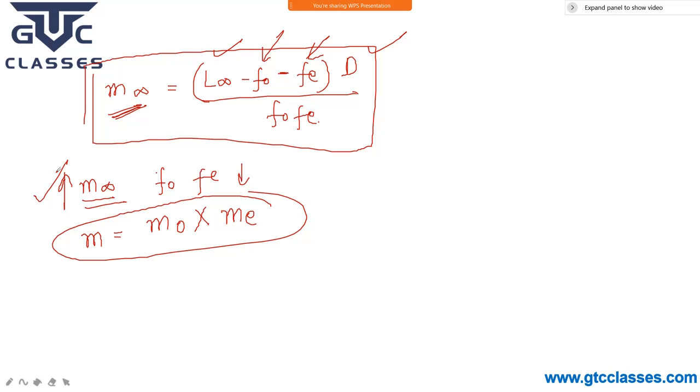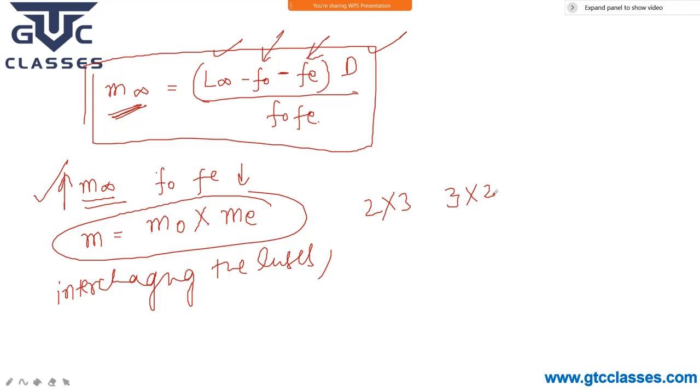If I interchange the lenses, what do you think? No. By interchanging the lenses, you will see that the power is not changing. Why? Because they are just a multiplication. Whether you do 2 into 3 or 3 into 2, the answer will be exactly the same, no change.